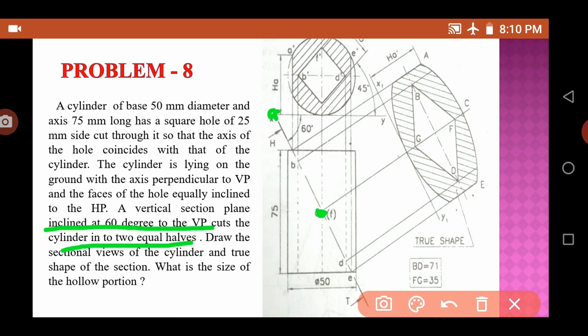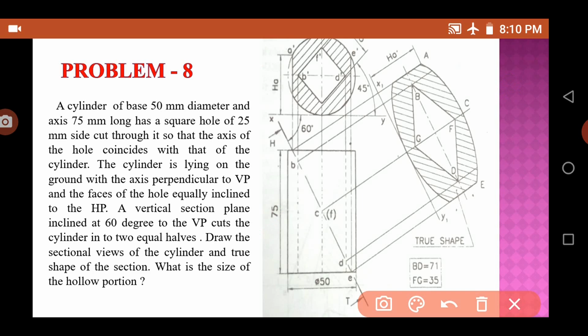It is exactly 60°, with one point there, and the other point will be on the central axis, then only it will cut equally. So draw the sectional view of the cylinder and the true shape of the section. Two questions: we have to draw a top view, a front view, and a true shape.